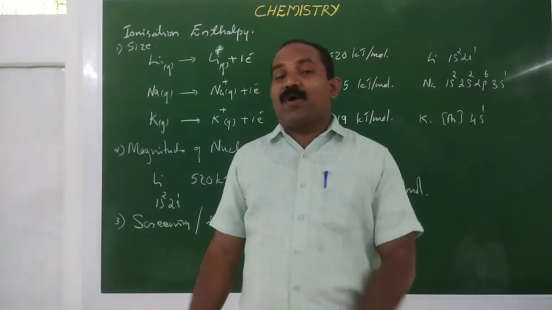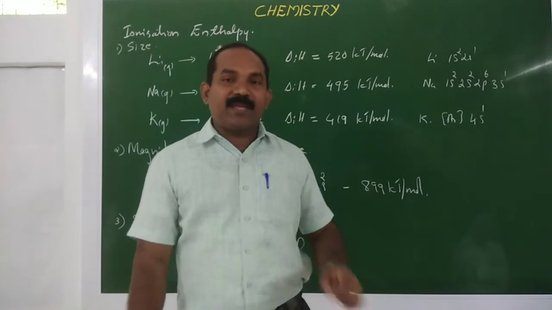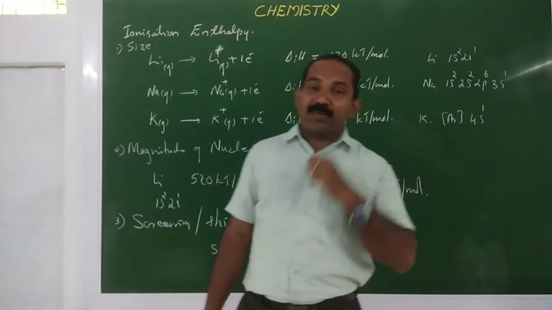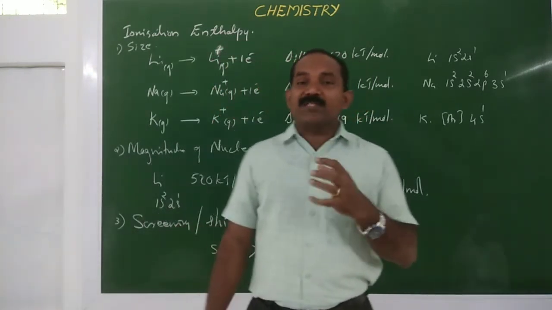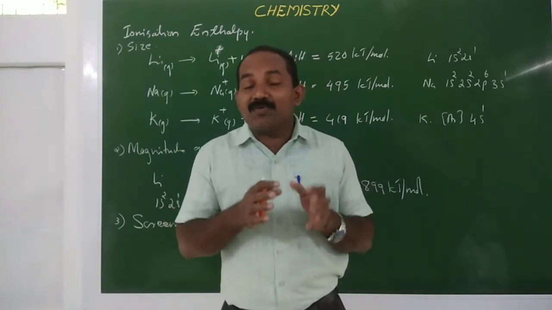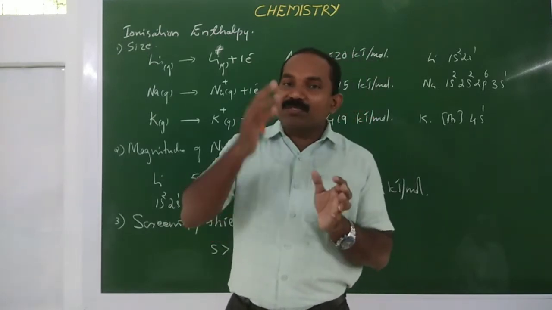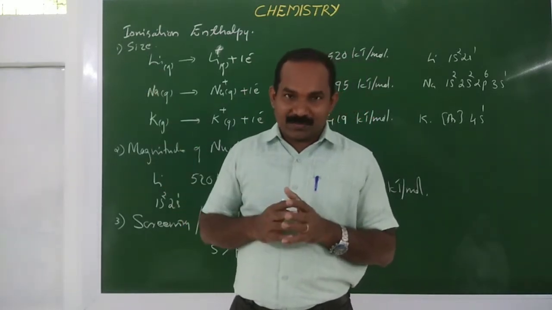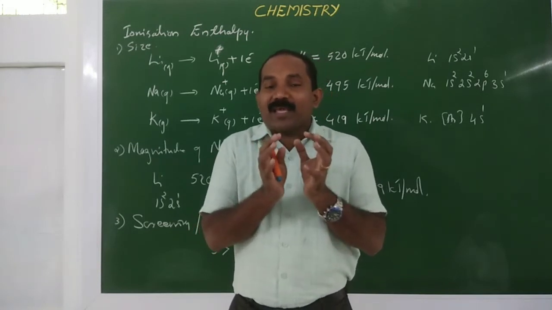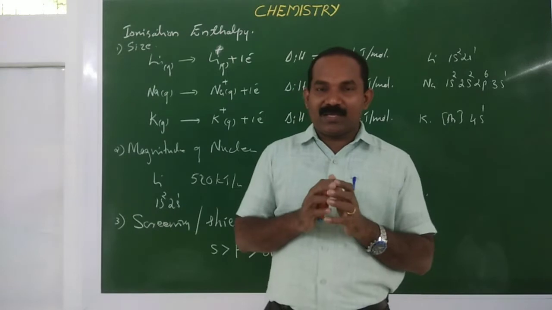And the next point is penetrating effect or penetration. Okay, penetration effect. What is penetration? Okay, as we know, in the case of a multi-electron atom, the inner electron screens the valence electron. And in the case of S orbital, let's take the S orbital.